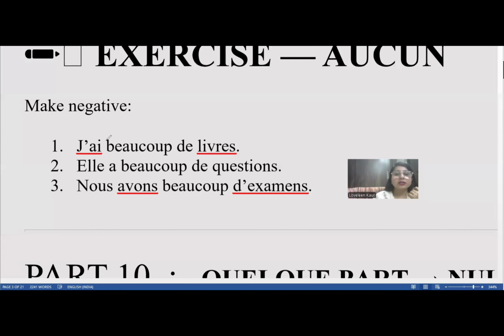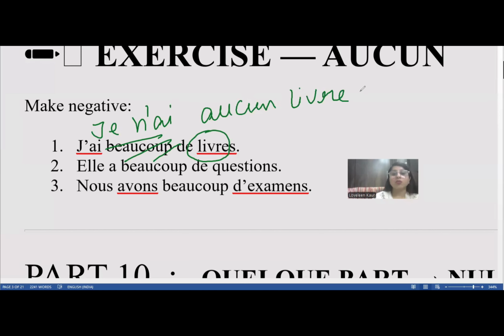We'll say je n'ai. Beaucoup de will change to aucun. Now livre is what? Book, and that's a masculine word. So we'll say je n'ai aucun livre. I don't have any book. I have no book, right?